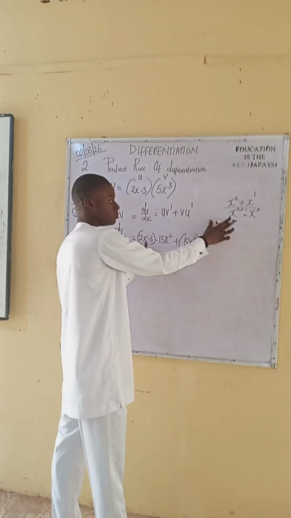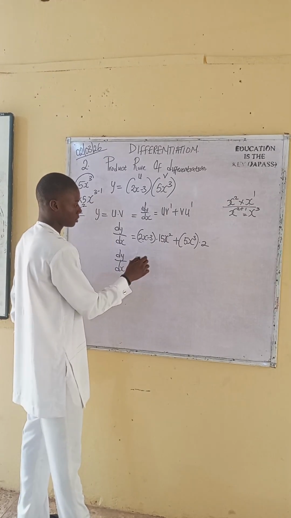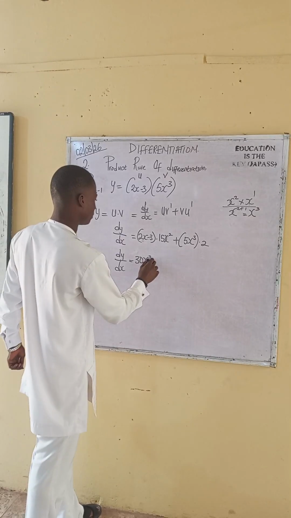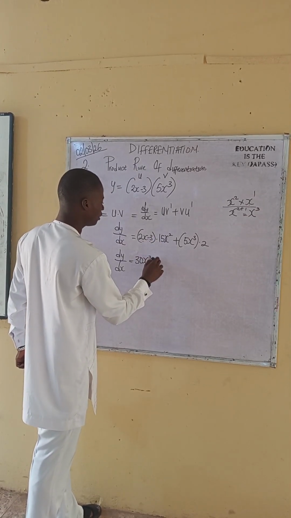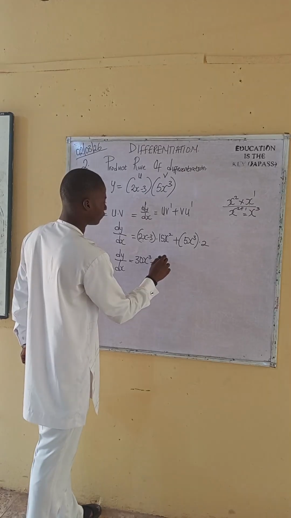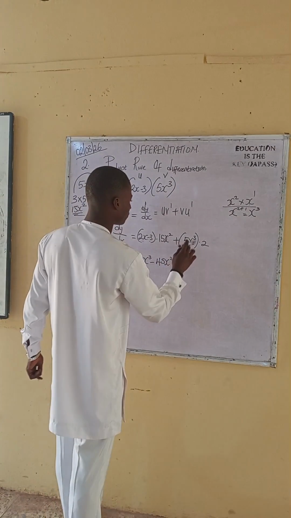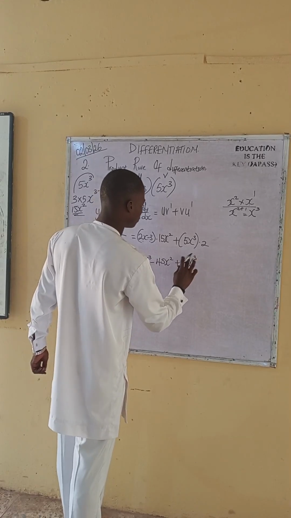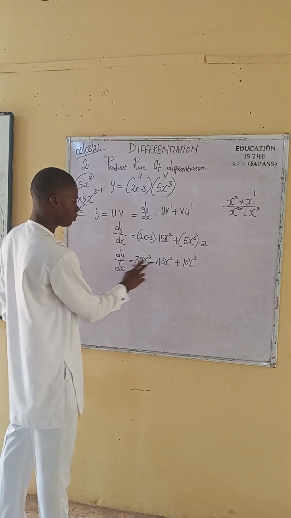This multiplication of indices gives 30x raised to the power 3, minus 15 times 3, which is 45, so 45x squared, plus 2 times 5x cubed, which gives 10x cubed. So now 30x cubed.